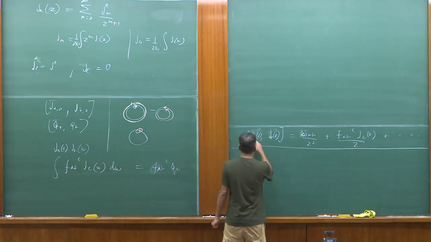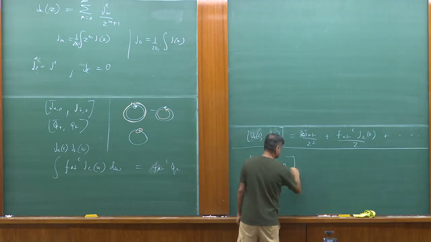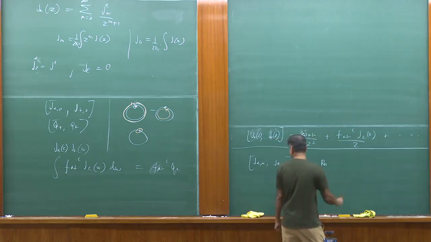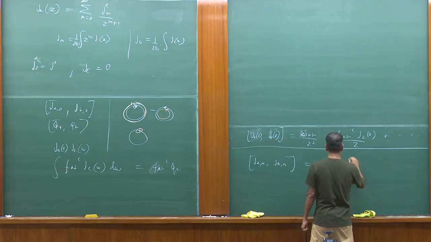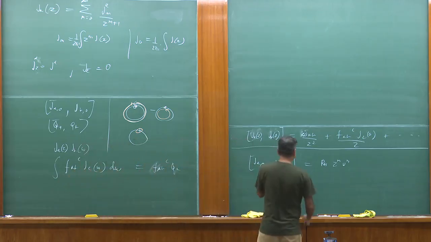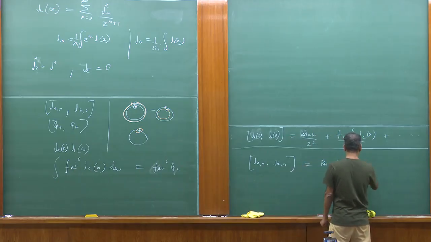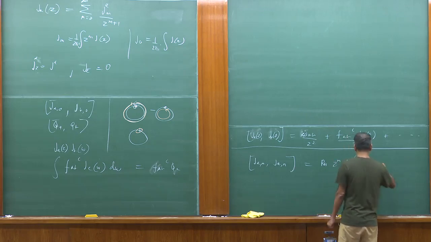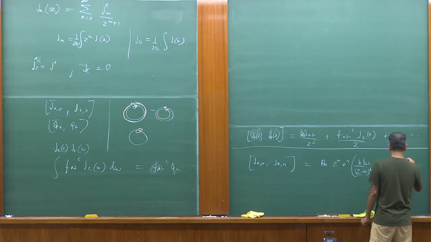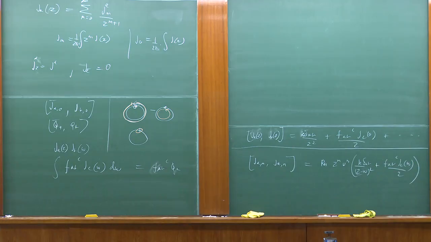We have the commutation relation of J^a_m with J^b_n, which is equal to the residue of the pole in z to the power m, w to the power n, times k delta^{ab} by (z minus w) the whole thing squared, plus f^{abc} J^c(w) by (z minus w). And the pole we're interested in is the pole when z goes to w.